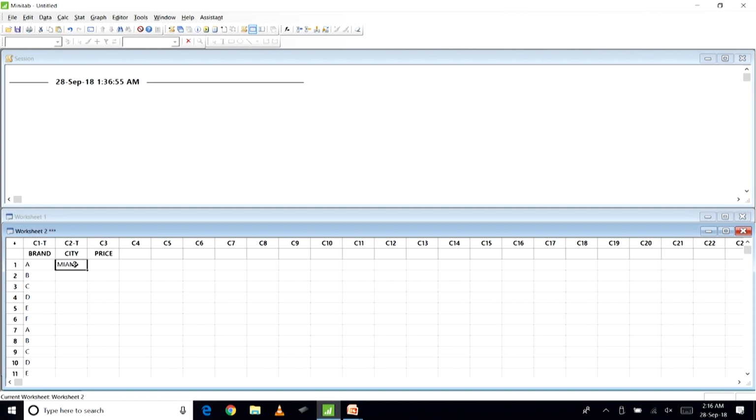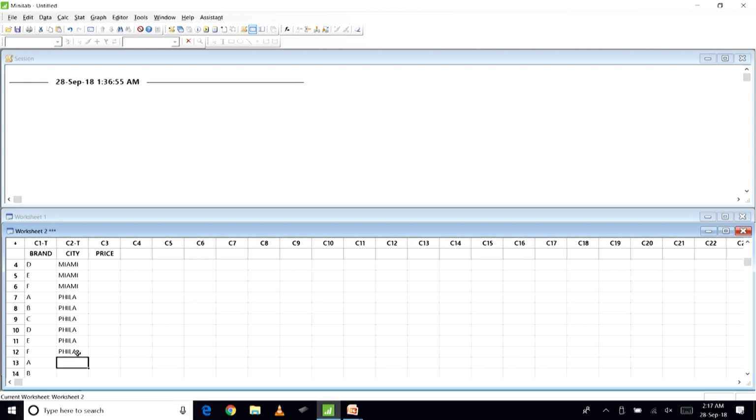If you want, let it be C1, C2, C3, C4, C5, right, rather than writing the names. Okay. Philadelphia, let it be PHILA, right. So, up to 12, right. Then the next city, up to 18.